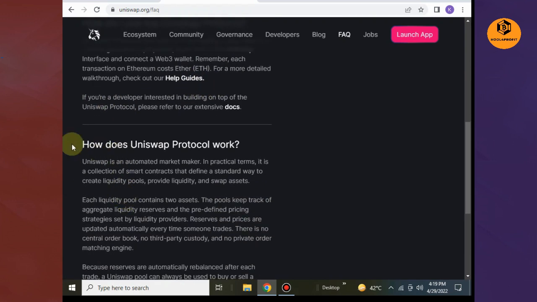Now another question that may be of interest: how does the Uniswap protocol work? This shows the working of the Uniswap protocol. Uniswap is an automated market maker. In practical terms, it is a collection of smart contracts that defines a standard way to create liquidity pools, provide liquidity, and swap assets.